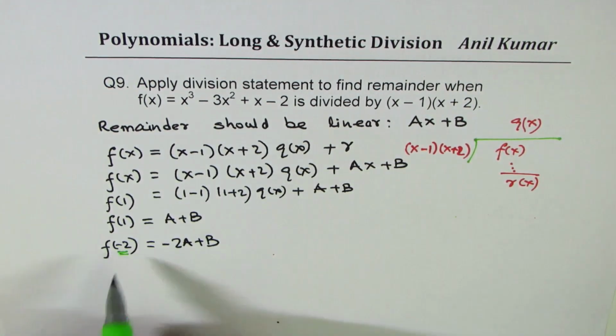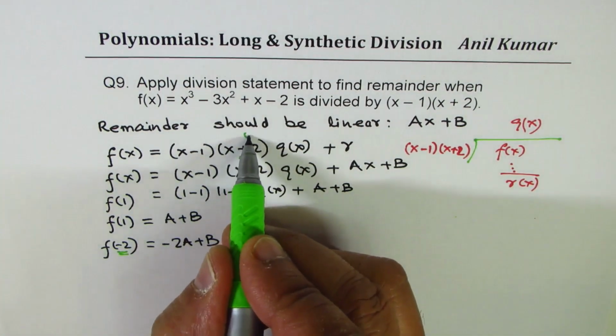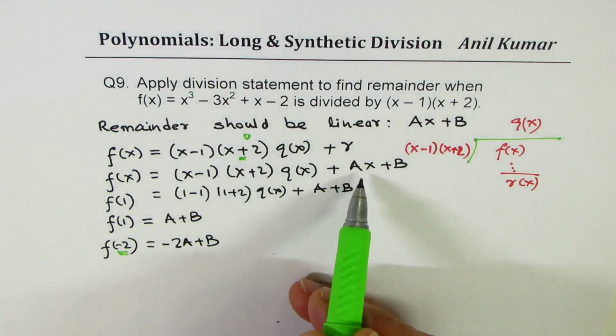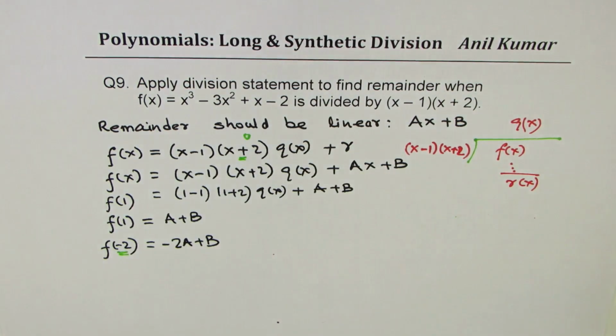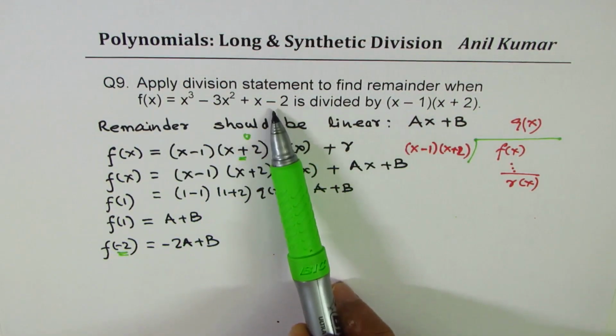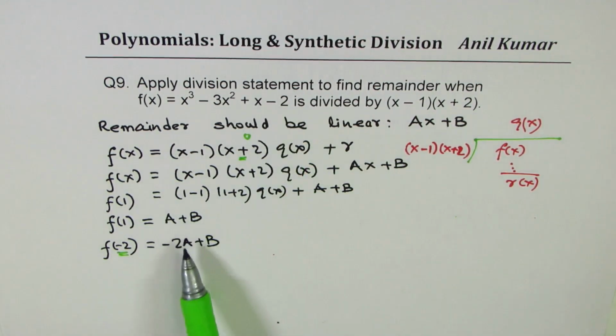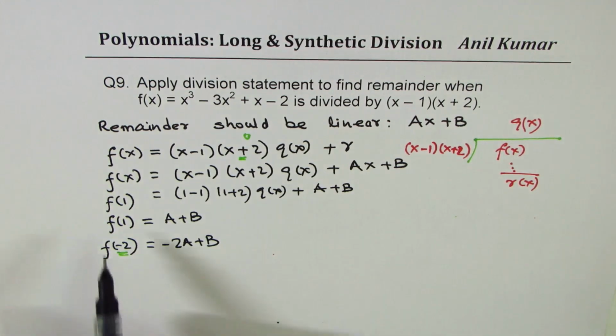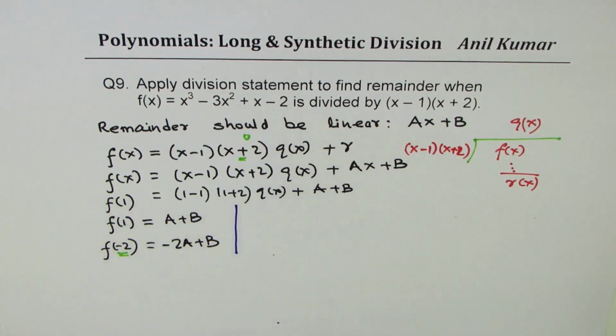If I substitute minus 2, this term becomes 0, so we are left with minus 2 times a plus b. That really means that if I know what f of 1 is and f of minus 2 is, I can find a and b. We have two equations and two unknowns. Perfect. So let's find f of 1 and f of minus 2, and then it should be simpler for us to solve these equations.